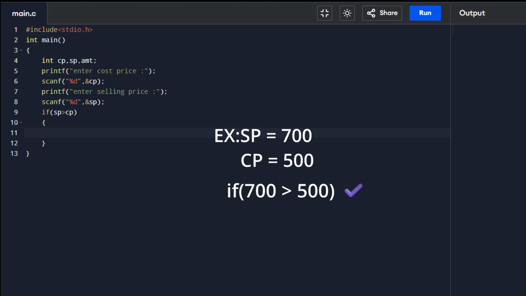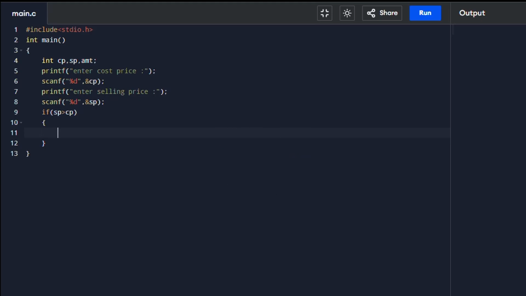Therefore, the product was sold at a higher price, so profit occurs. Now the system calculates the profit. Amount is equal to selling price minus cost price. The computer calculates 700 minus 500 is equal to 200. So amount is equal to 200.